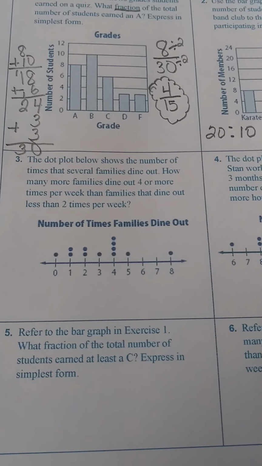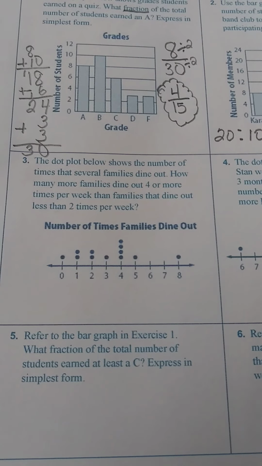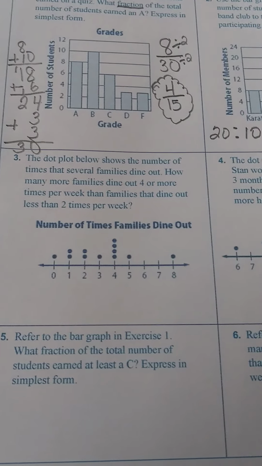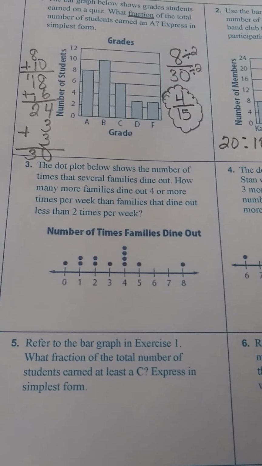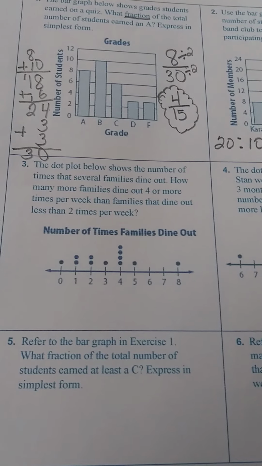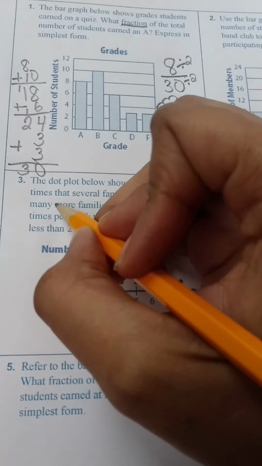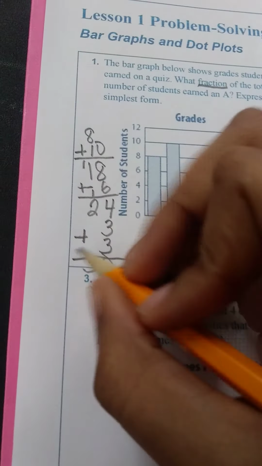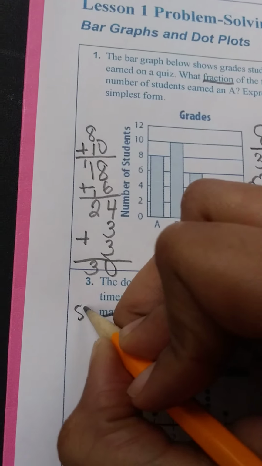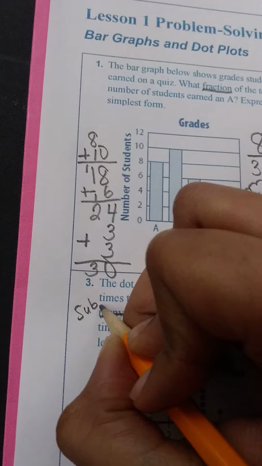All right, so let's look at number 3. The dot plot below shows the number of times that several families dined out. How many more families dined out 4 or more times per week than families that dined out less than 2 times per week? Now the key words here are many more. And because we see many more, we know we're going to have to subtract.